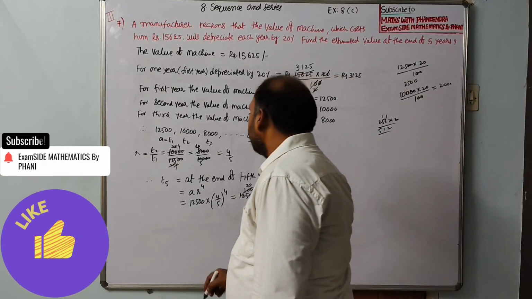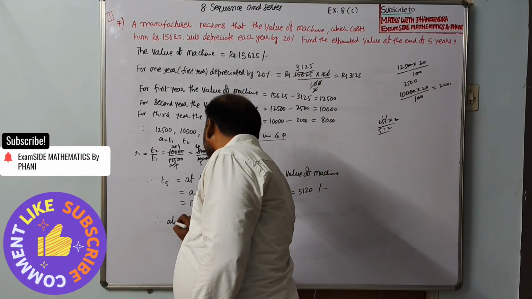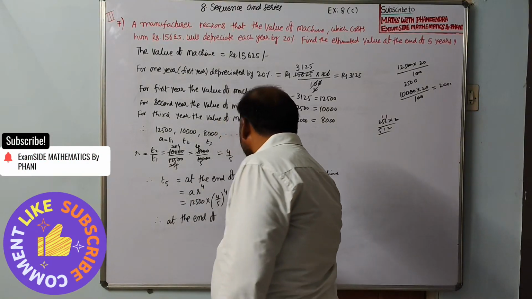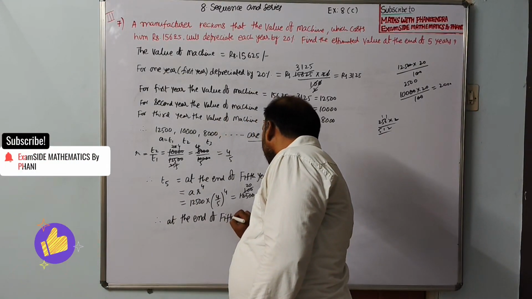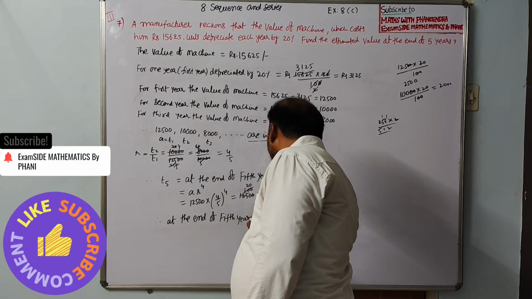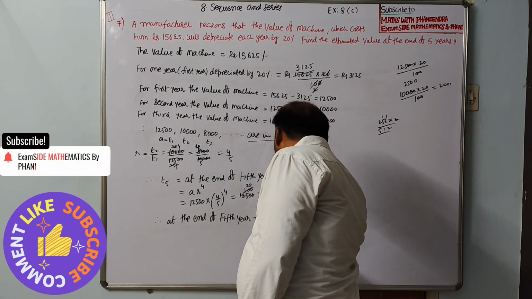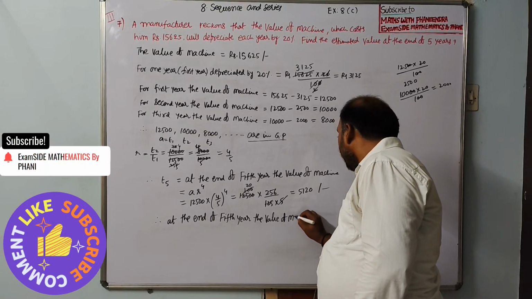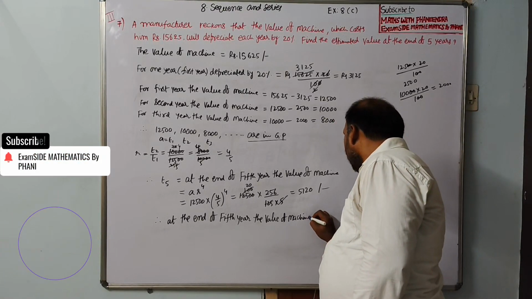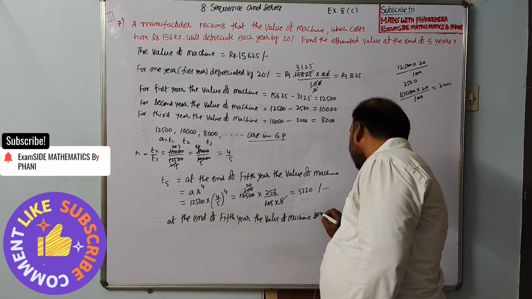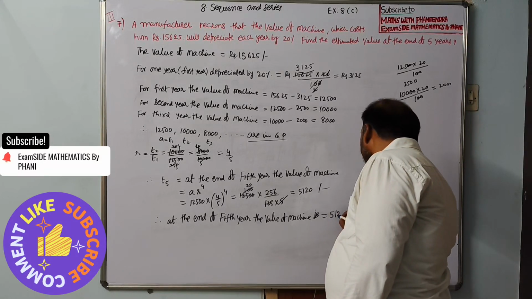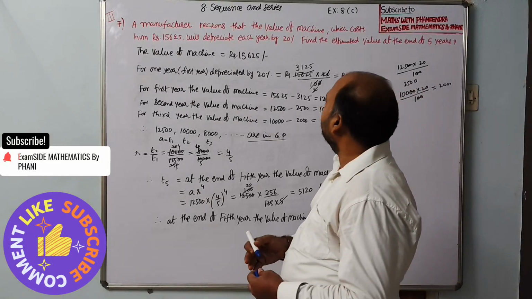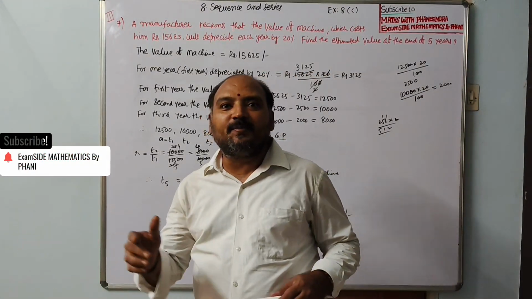This much amount. Therefore, at the end of the fifth year, the value of the machine is 5,120 rupees, dear students. This is the way we can calculate by using GP.